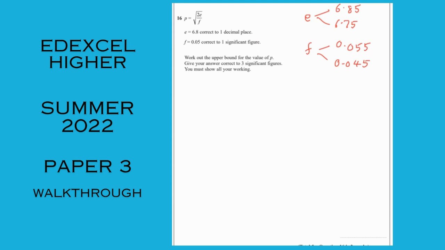And next, if we're wanting the upper bound, in other words, we're wanting the highest value of P, that means we want the biggest number possible on top and the smallest number possible on the bottom.